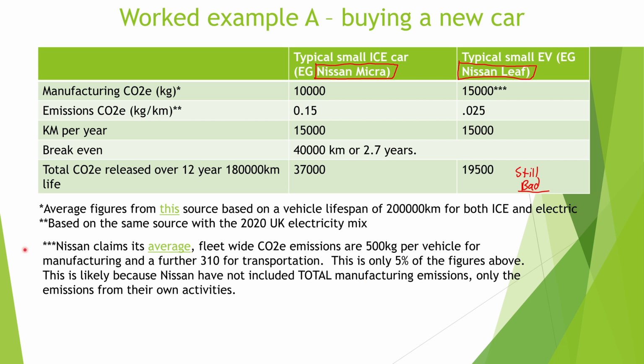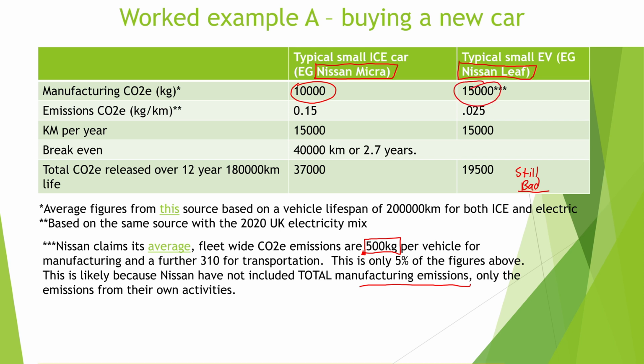So it does stand to reason that if all Nissan are counting is a little bit of metal folding and a little bit of welding and running the heater at the plant in Sunderland, then sure, it's not going to have many emissions. But the total manufacturing emissions is what we're interested in, and most sources suggest that they are nearer 10 to 15 tons.